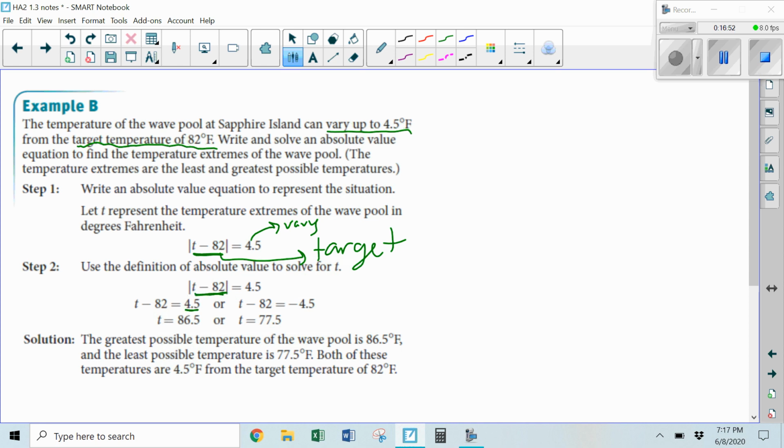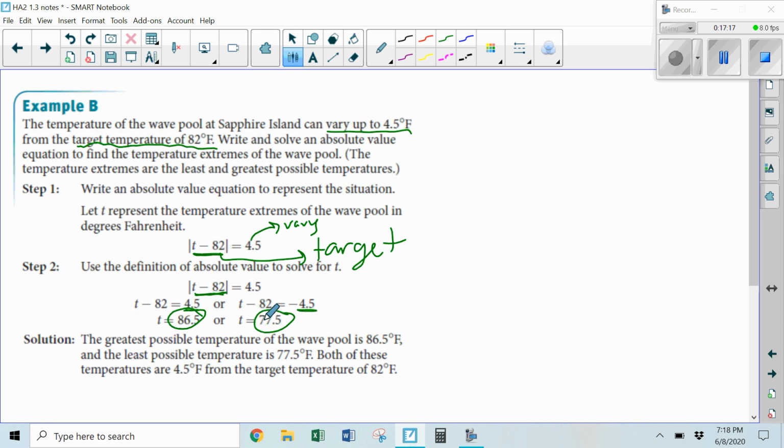So it could be at 4.5 or it could be at negative 4.5. Add 82, you get this number. Add 82, you get this number. Which then tells me, here's my solution. The greatest possible temperature of the wave pool could be 86.5, and the least possible temperature could be 77.5. Those are the extremes, so those are my answers.